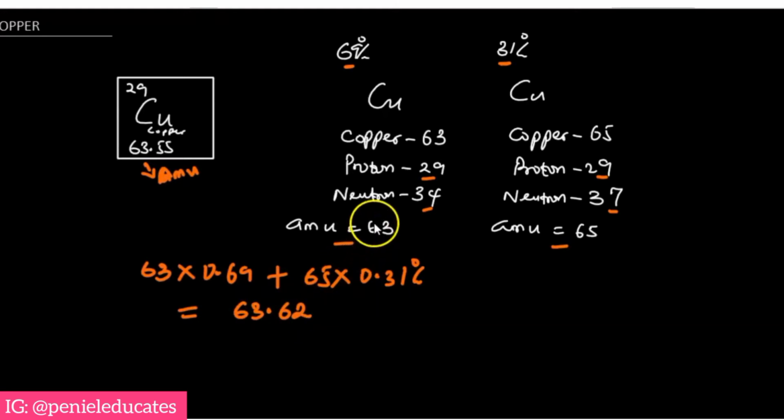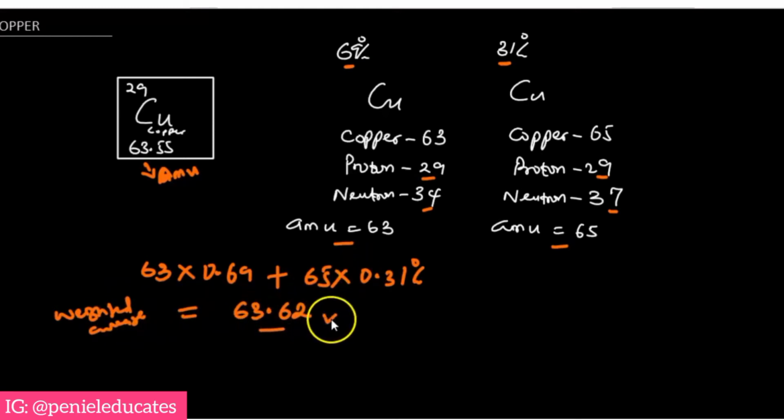Now, what does this imply? It means that we have the weighted average, or relative atomic mass, you can also call it weighted atomic weight, to be 63.62.